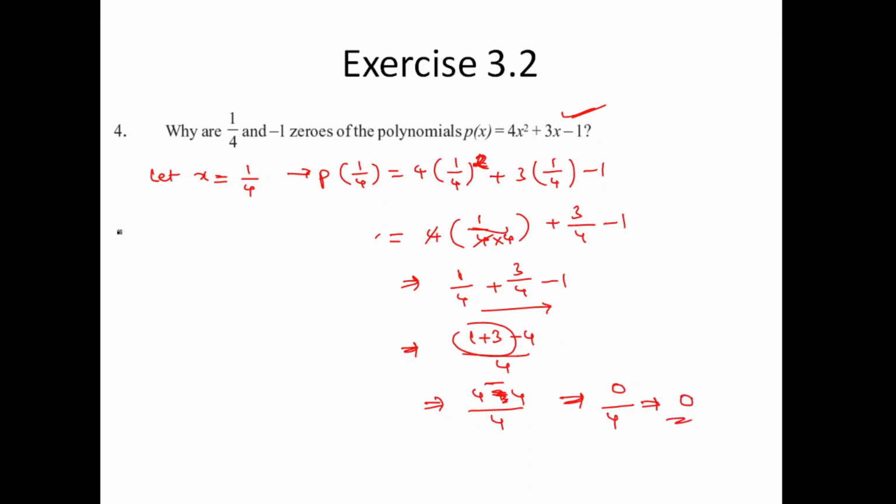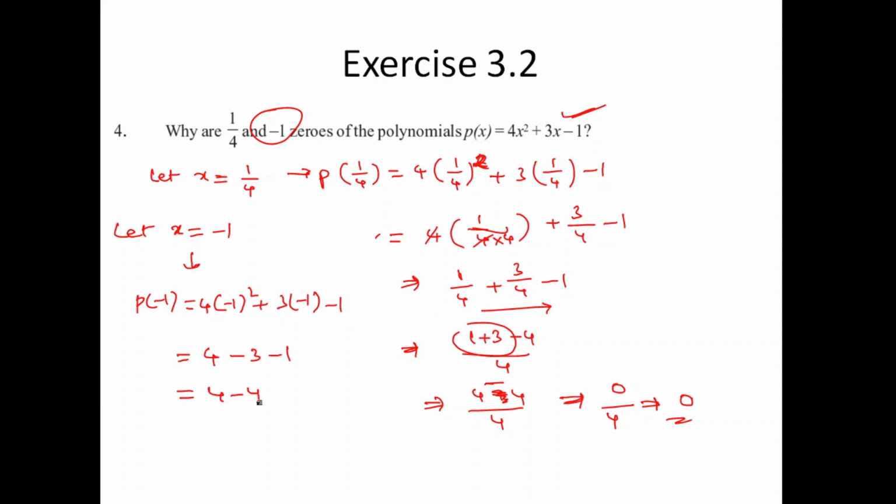So now the next assumption is I am taking the other value, that is minus 1. Let x be equal to minus 1. When I am substituting, p of minus 1 is equal to 4 of minus 1 to the whole square plus 3 into minus 1 minus 1. So I am substituting this, 4 minus 3 minus 1. So what is the resultant of this? The resultant of this is 0. Okay.